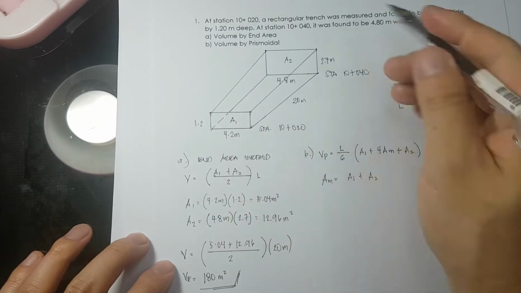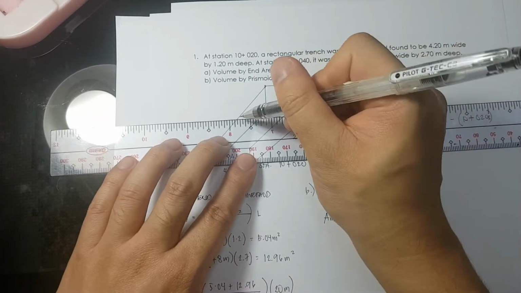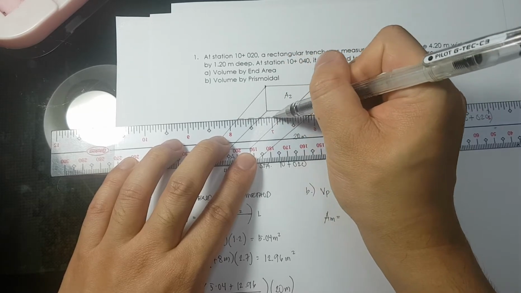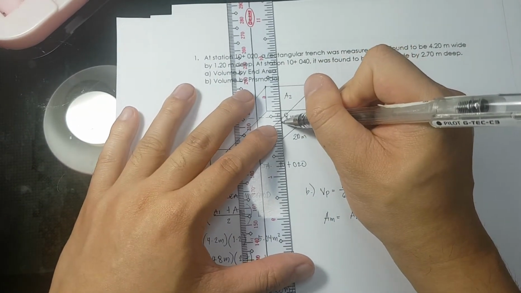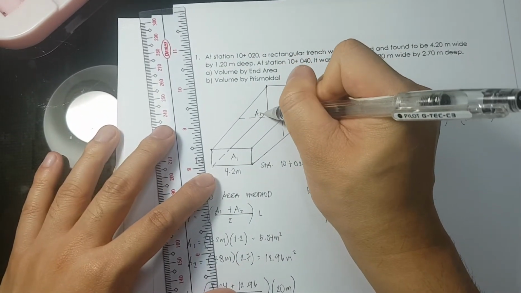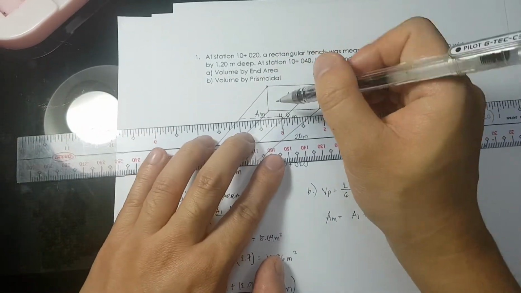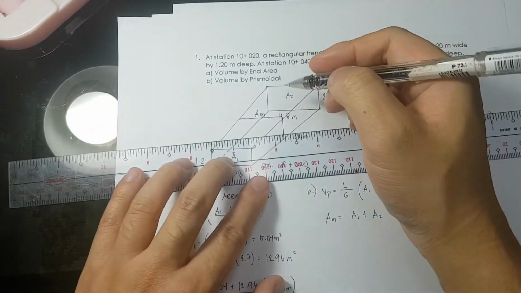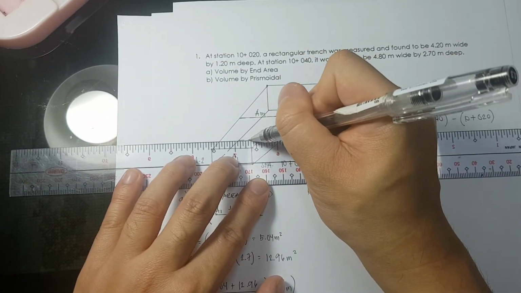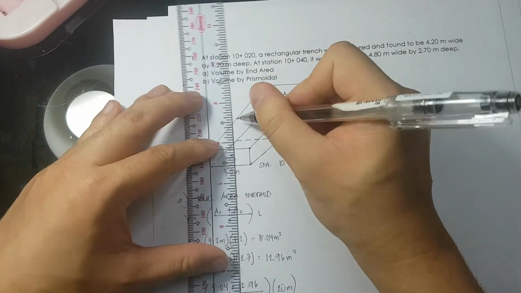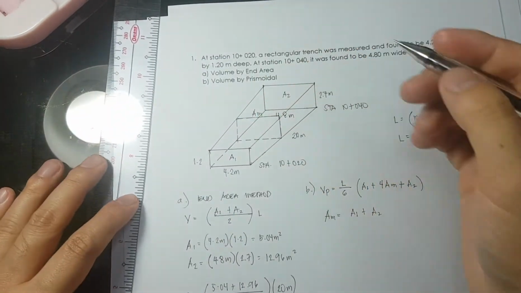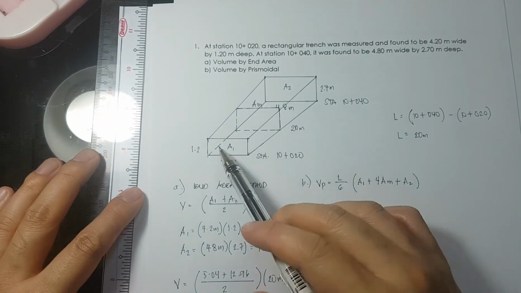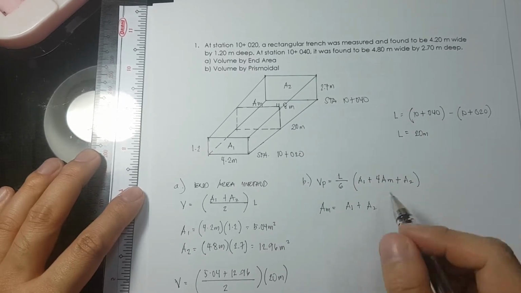area 1 plus area 2. So here, this is our area middle, which would be a straight line. So that would be (area 1 plus area 2) over 2.